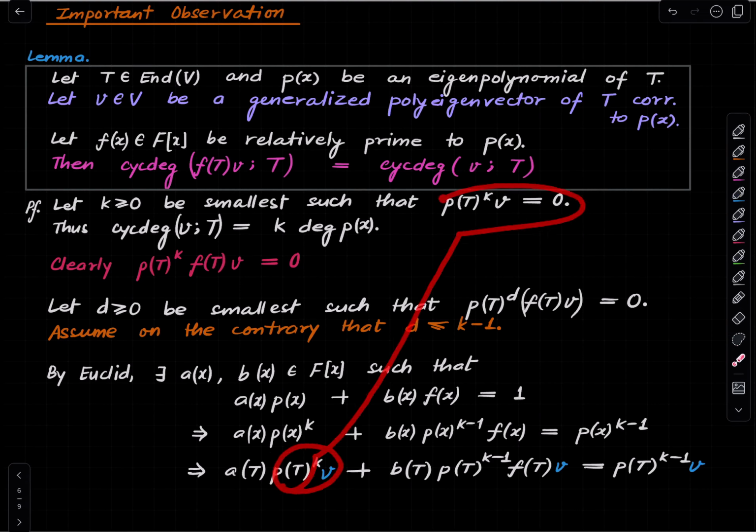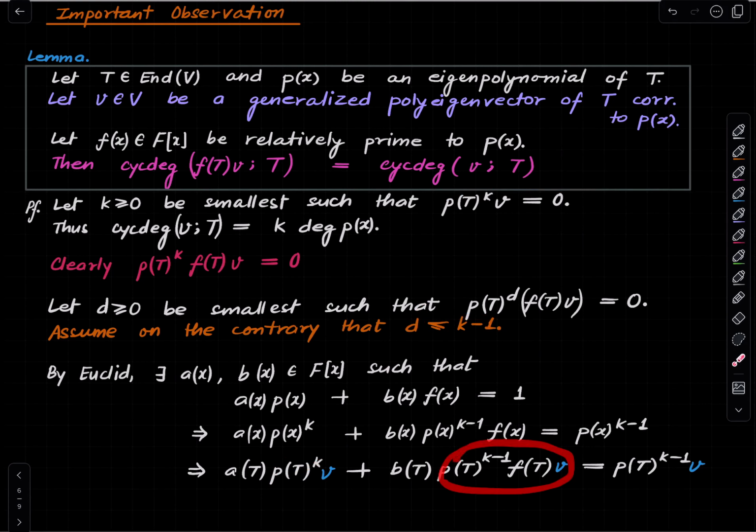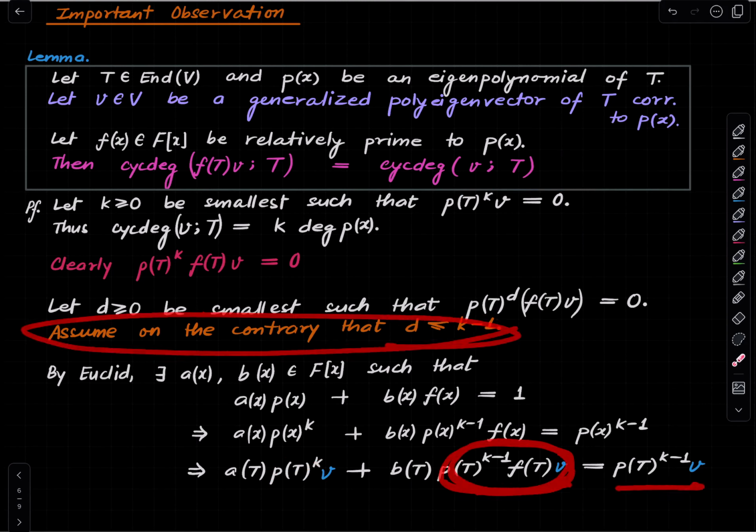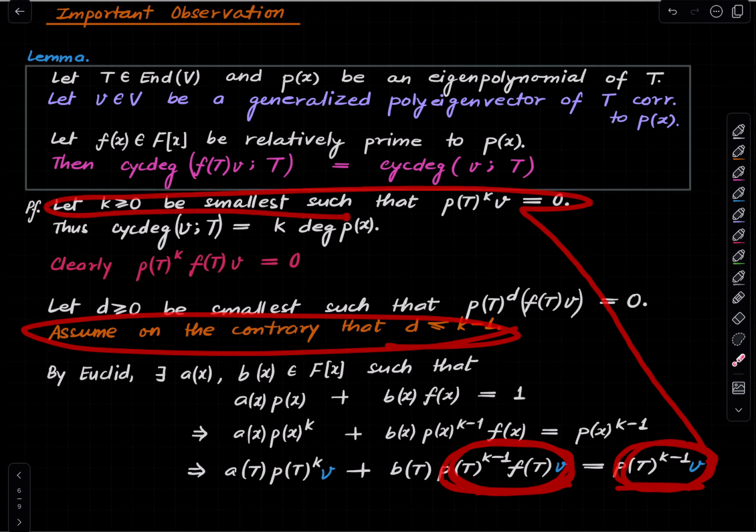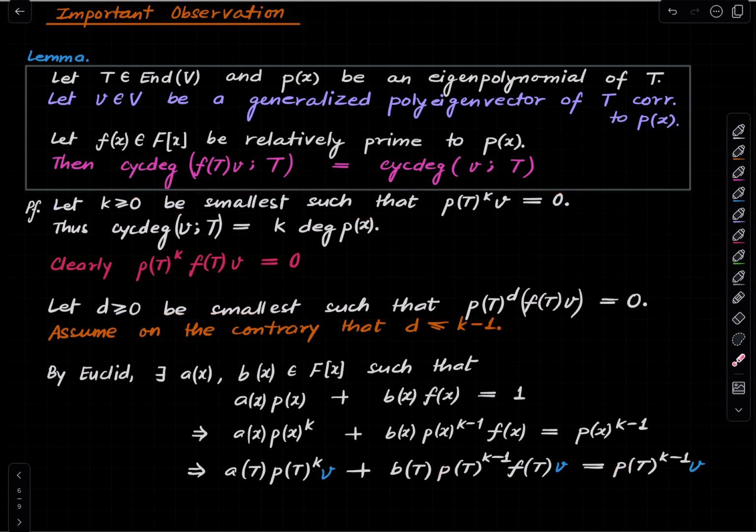Just look at that equation. This thing is 0. And since d is at most k minus 1, this thing is also 0. I mean, this was our assumption. So this is also 0. And therefore, the right side is also 0. But if the right side is 0, we are contradicting the minimality of k. And that gives a contradiction. I'm not writing all that, but that gives a contradiction.